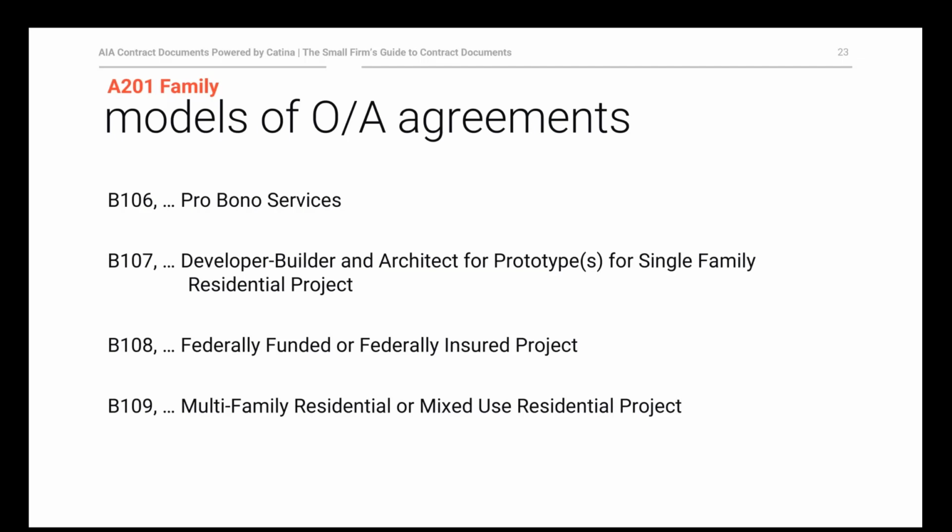We have the B108, which was developed in conjunction with representatives from a few of the federal agencies, and it's for use for federally funded or federally insured projects. And we also have the B109, which is an owner-architect agreement for multifamily or mixed-use residential projects.